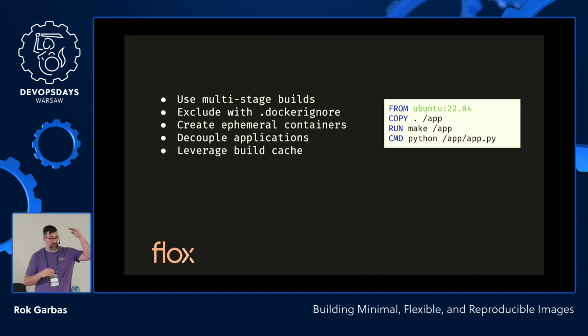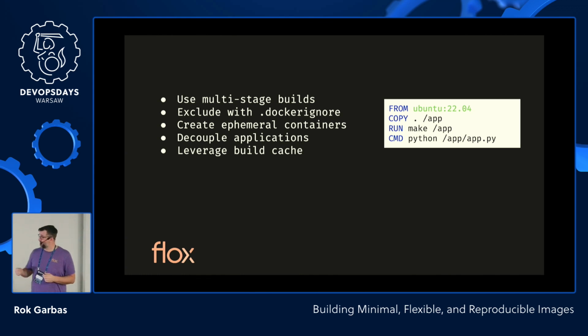Build cache in the sense that the rebuilds will be less expensive, which means faster CI, faster turnaround. And also the layers when you're deploying an image will be reused later on. There are probably a few other things, but I would say these are the main things.